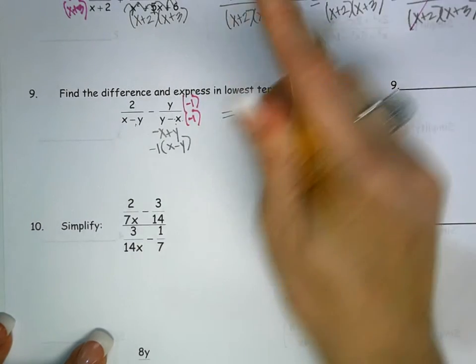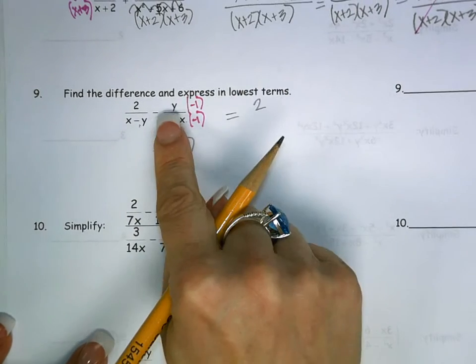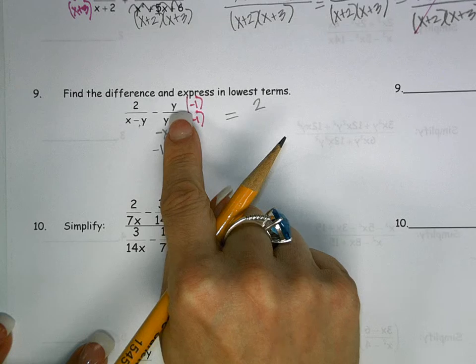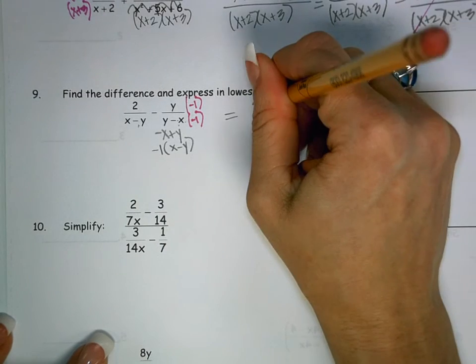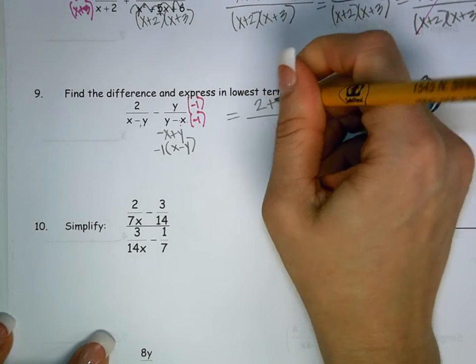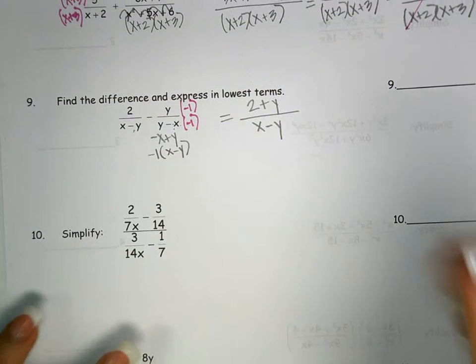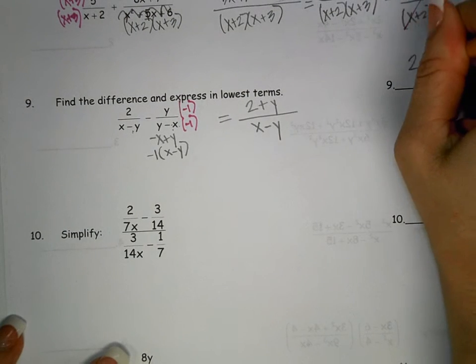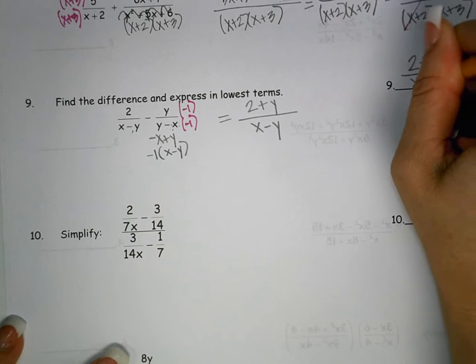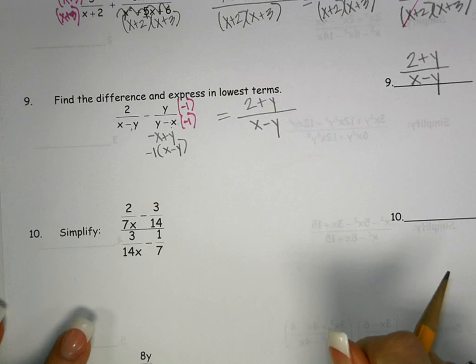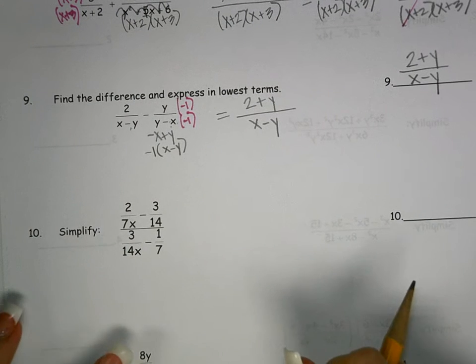So you just have a 2. Negative y times negative 1 gives you plus y over x minus y. That's your whole answer. Just 2 plus y over x minus y. You have to be able to get a common denominator there.